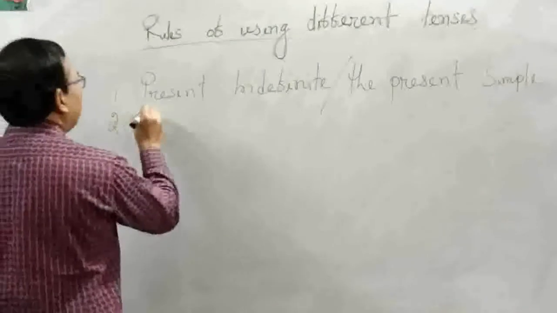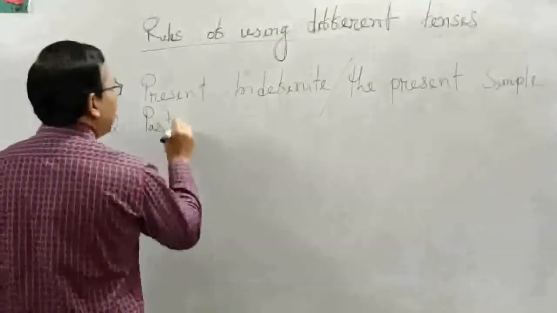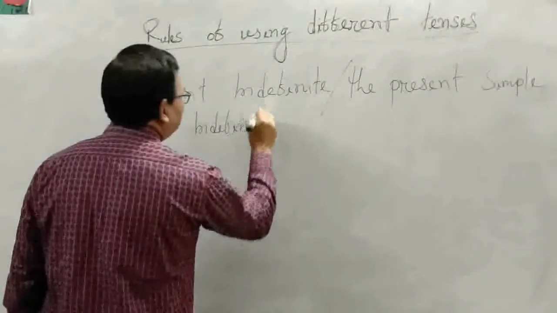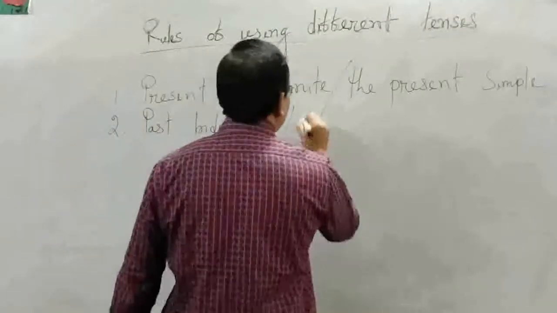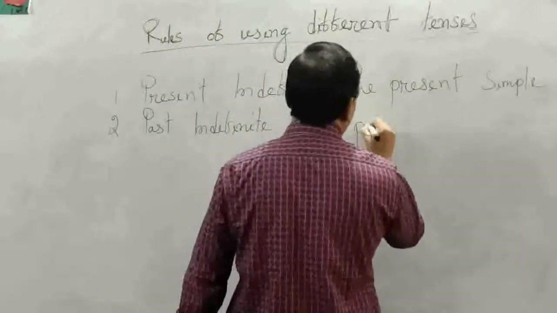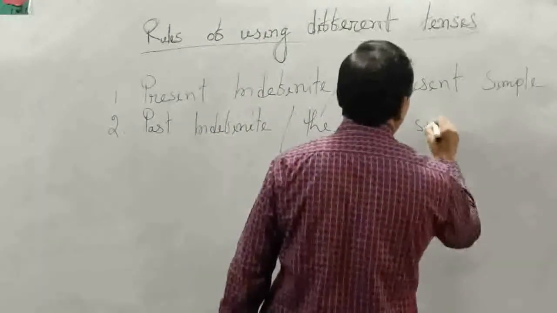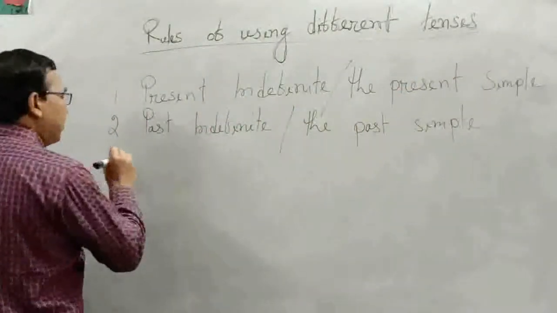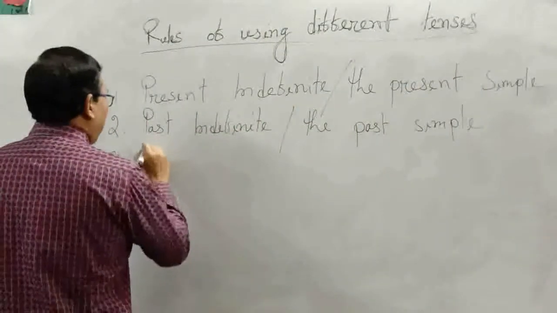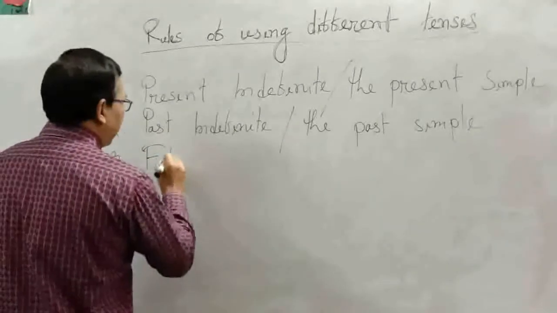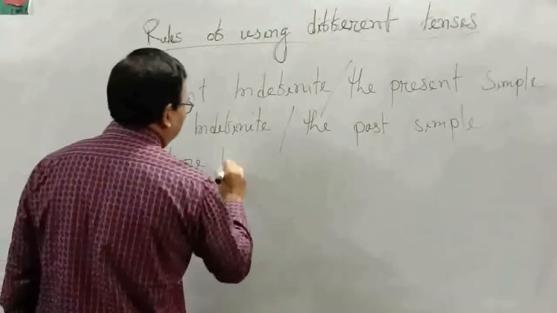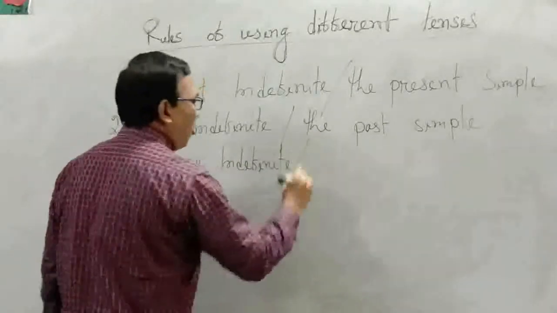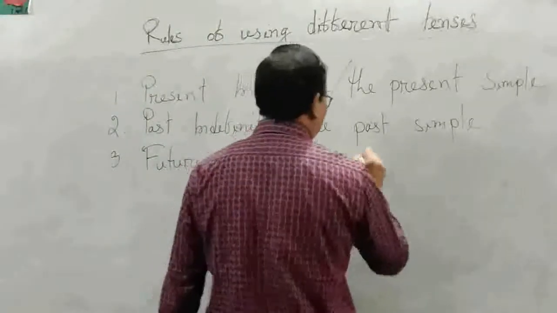Number 2, past indefinite or the past simple. Number 3, future indefinite or the future simple.